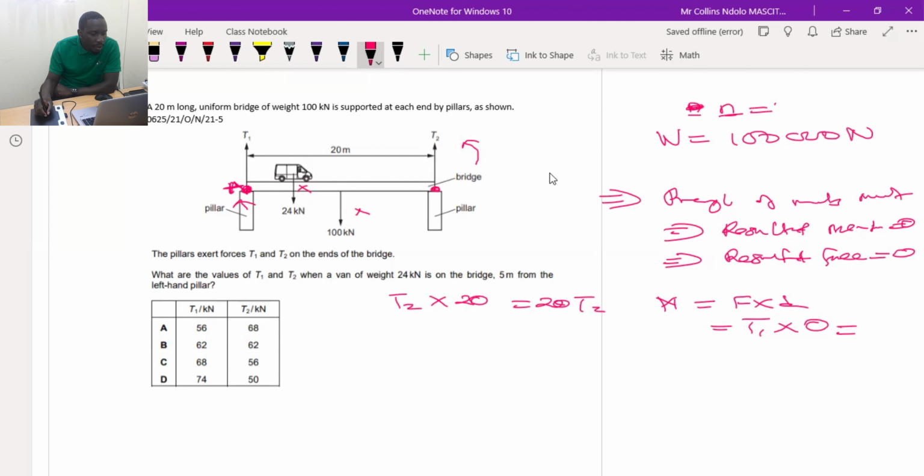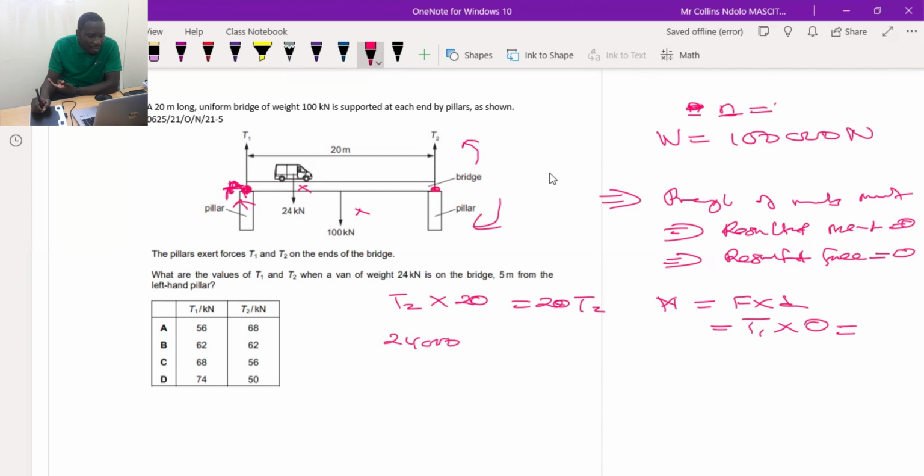About point A, we have two forces, and if they are allowed to act on the bridge only, they will make the bridge rotate in a clockwise direction. That means along the clockwise direction, we have two moments. So we have this 24,000. I could have just used 20 kilo, the kilo without changing.